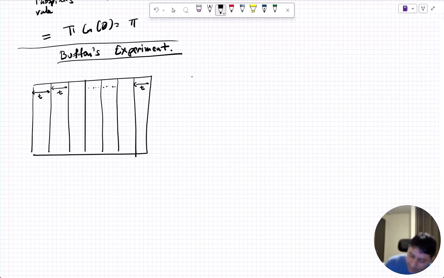And separately, on the side, we're going to have a cup full of needles. So needle 1, needle 2, needle 3, right? We're going to have capital N needles.